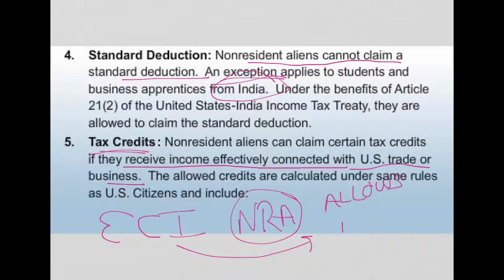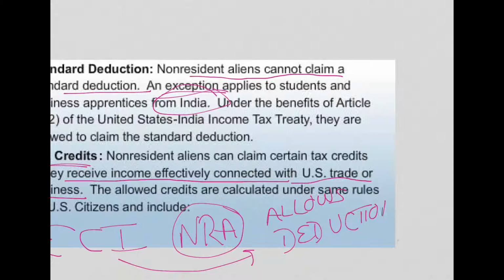So now we know that it allows for deductions, but not necessarily only business deductions. Could be some personal deductions or exemptions, itemized deductions, but not the standard deduction unless you're from India, which is here, up there. Okay.